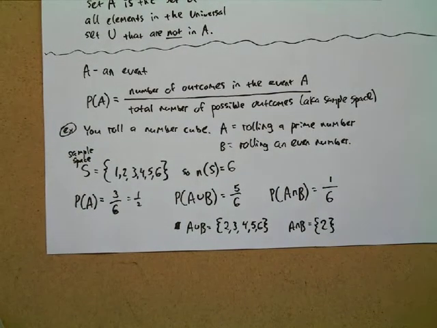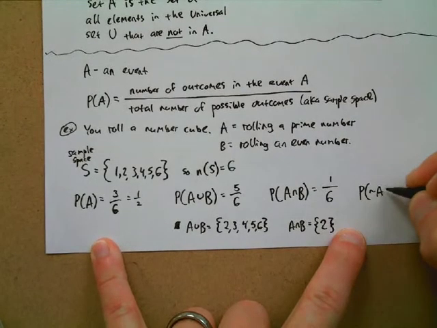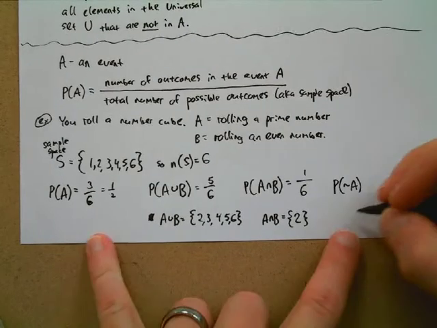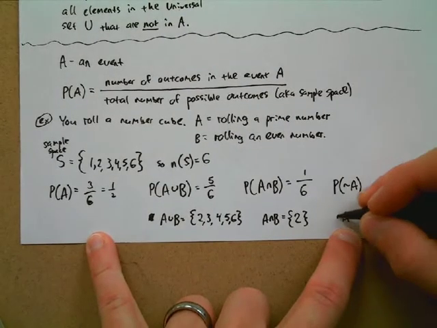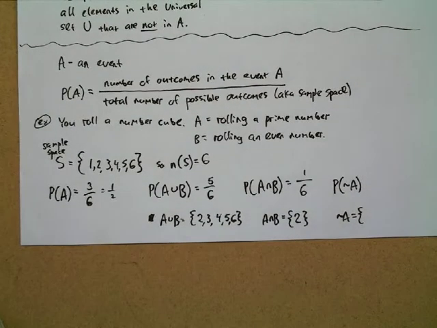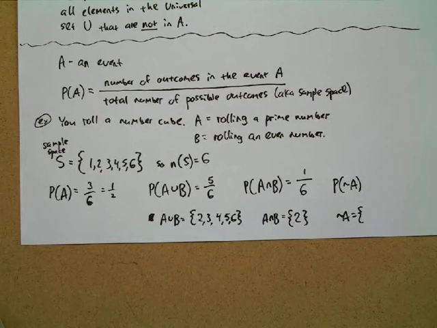All right, I'll do one more here, the probability of the complement of A. So let's talk about what the complement of A is. If A are all of the prime numbers, and the prime numbers in this case would be 2, 3, 5, what would the complement of A be then?